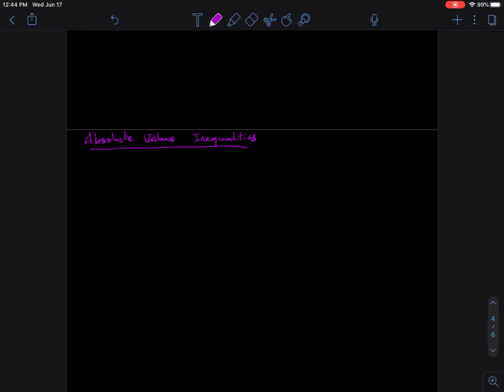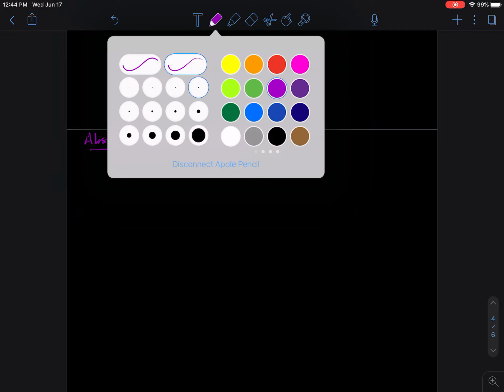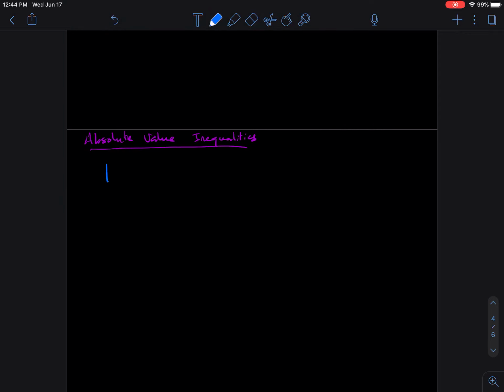If I want to look at all the numbers x such that the absolute value of x is less than 3, in terms of a picture, this is saying that all the numbers x that have a distance from 0 less than 3 units are all these numbers here.